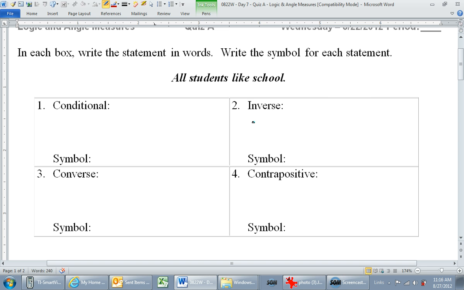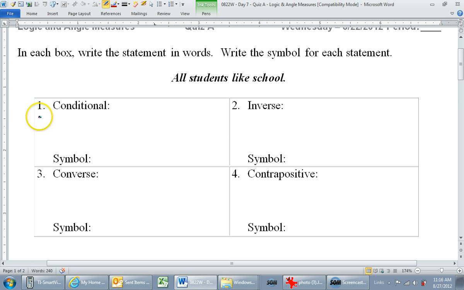Okay? A few people struggled with "all students like school," and just converting that into a conditional gave some people trouble. So let's get that out of the way. What would be a good way of writing "all students like school" as an if-then statement? Derek, go ahead, jump in there. If you're a student, then you like school.